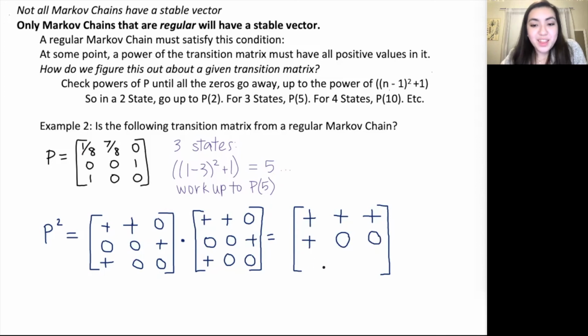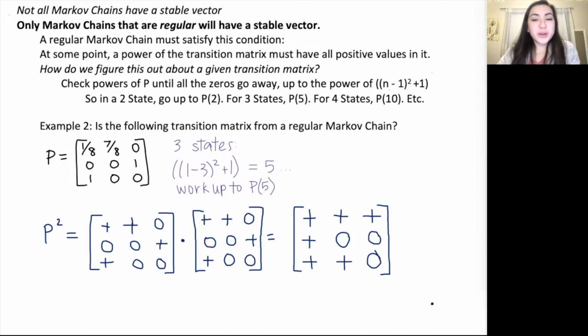Last row, this one's going to be positive times a positive, which is going to end up being positive. This one's going to be positive times a positive. So even though these are zeros, we already have a positive in here. And the last one is positive times a 0, which is 0. 0 times a positive is 0, and 0 times 0 is 0. So all of those were zeros, leaving us with a 0.